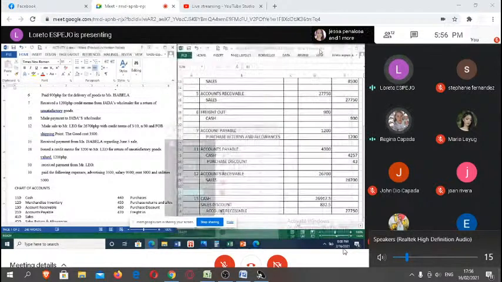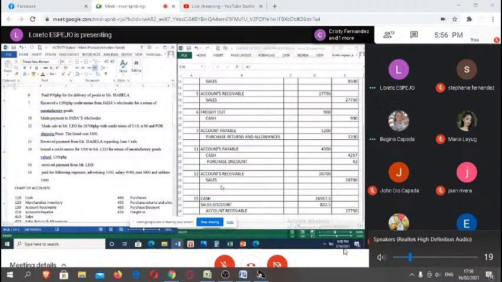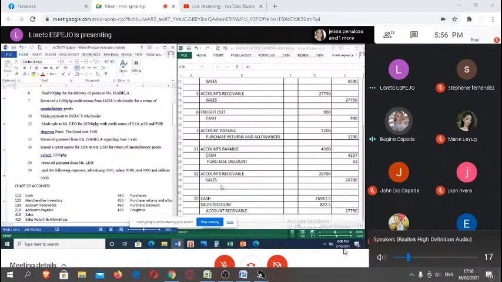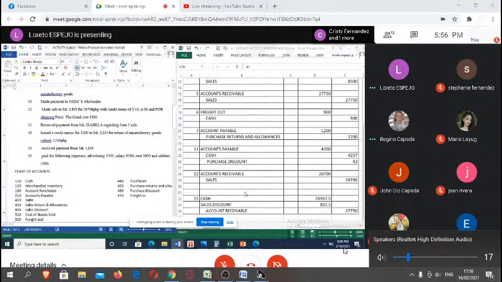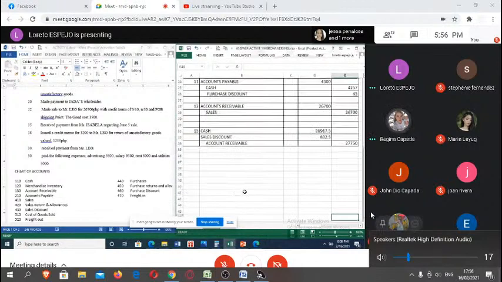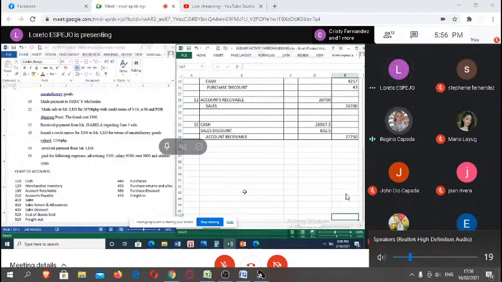Ay, nakamute ba ako? Sir, nakamute po ba ako? Oo, kasi naririnig ko rin yung boses ko eh. June 15, account receivable is debit, credit, wait lang. June 15 tayo, di ba? June 15 po. So ito yung June 15, debit cash 29,137.